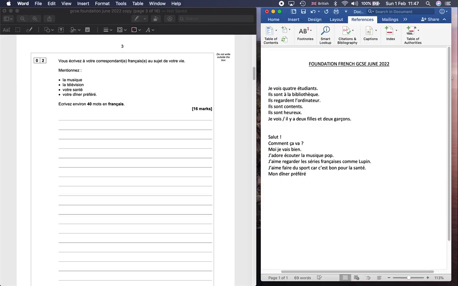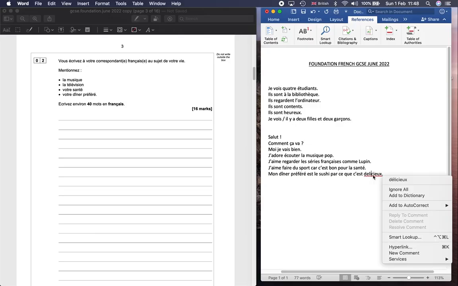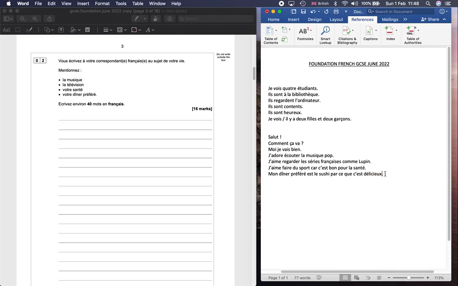Mon dîner préféré est le sushi, parce que c'est délicieux. Let's not forget the accent. Parce que c'est délicieux.